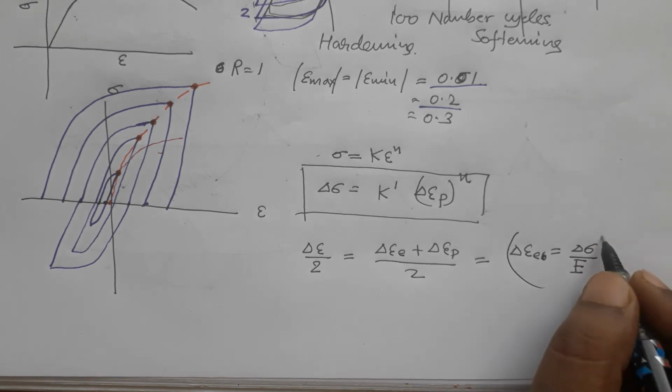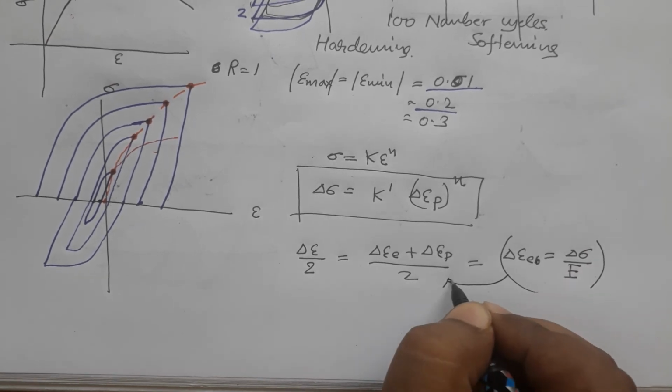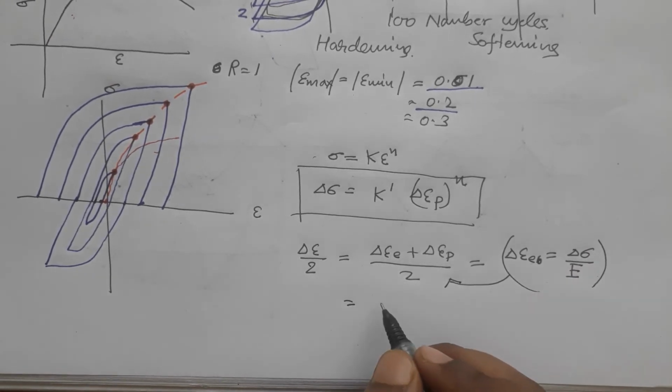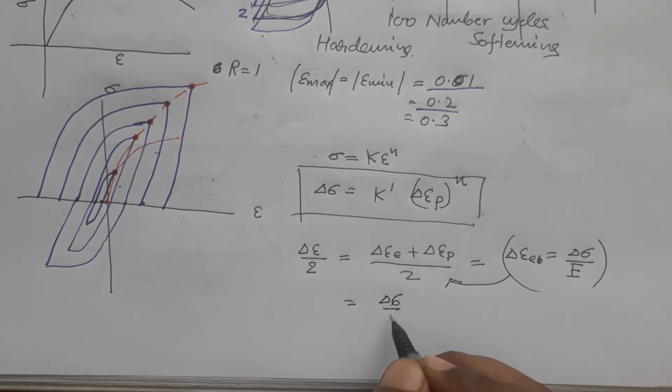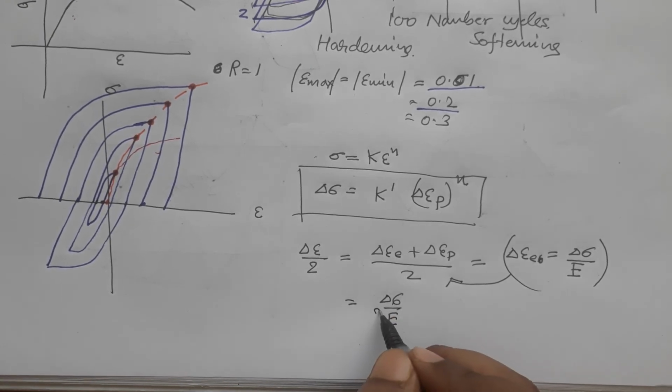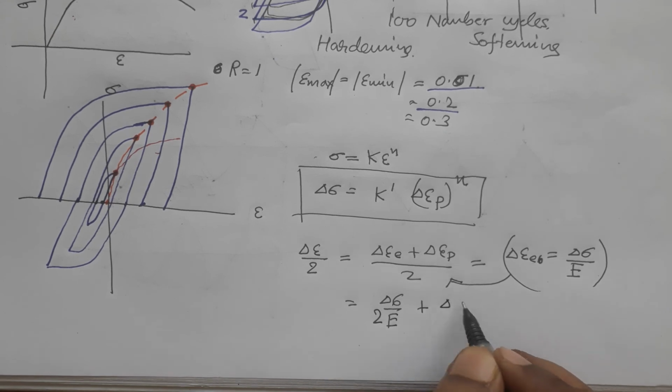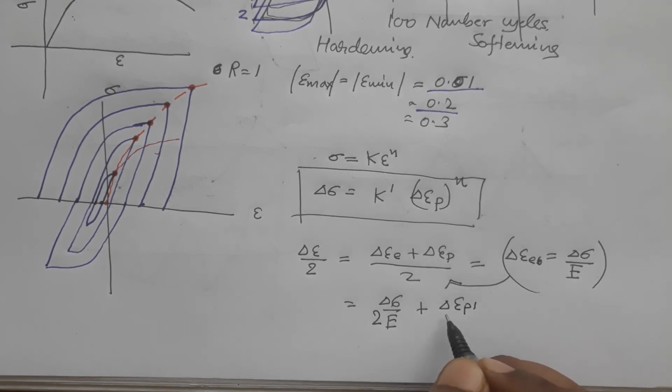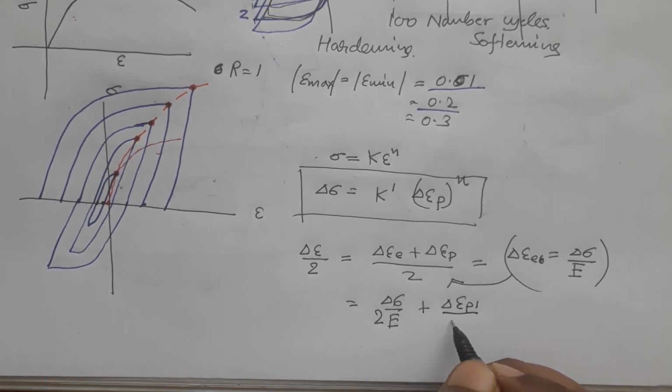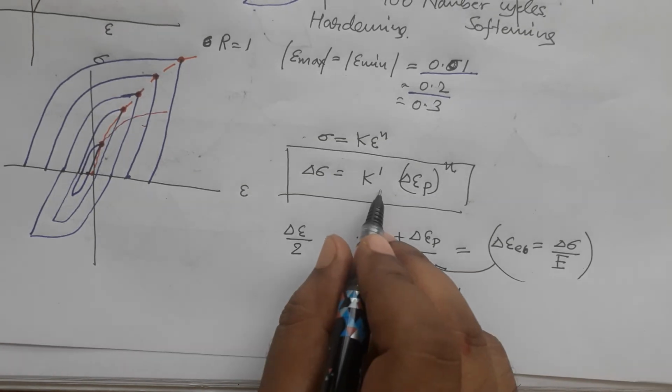If you plug it in here, you get delta sigma divided by E, and 2 will come, plus delta epsilon plastic divided by 2, and this you can replace from there.